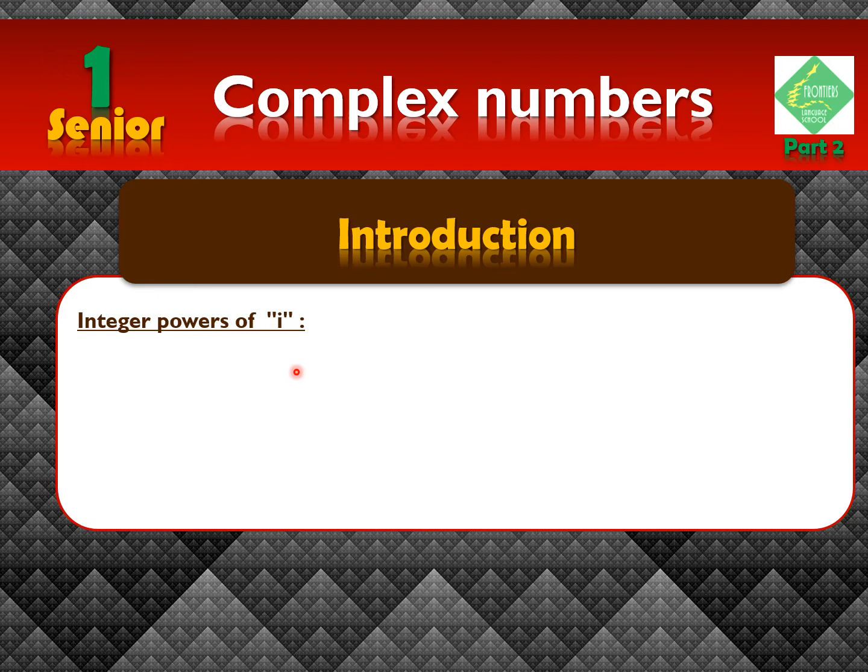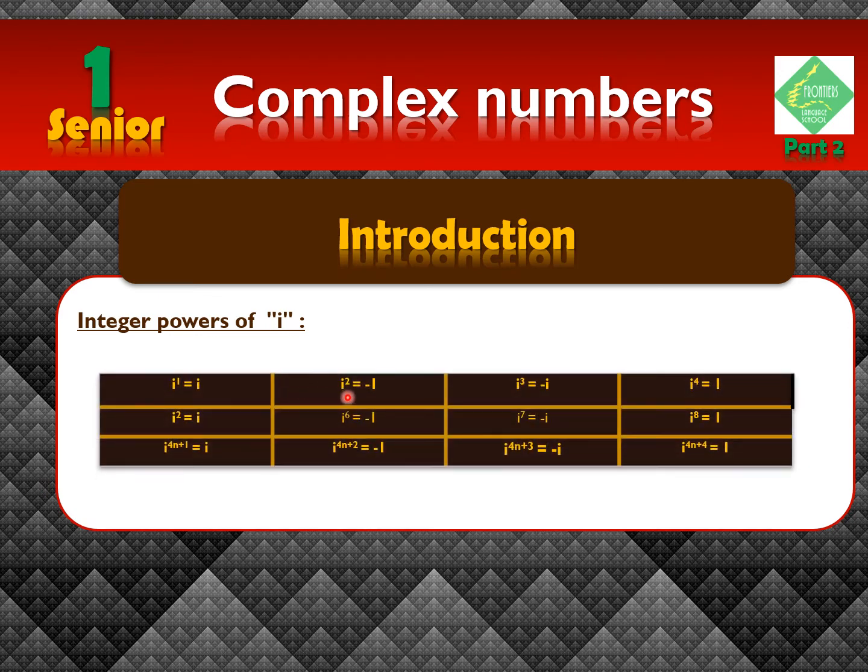The root will vanish with the power 2, you get negative 1. What about i cubed? i cubed is composed of i squared multiplying by i. Here I have i squared, which is negative 1, and i, which is i power 1.